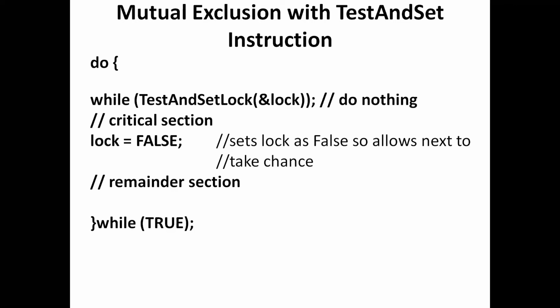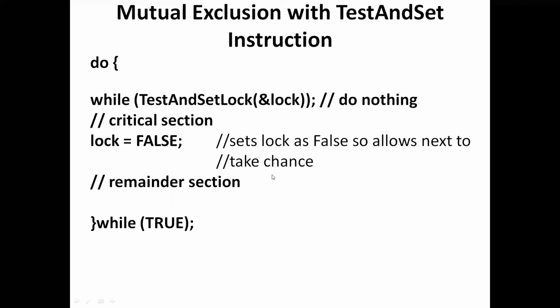Here this algorithm satisfies mutual exclusion. That means when one process is executing in the critical section, other processes should wait. At a time only one process can enter the critical section, so this algorithm satisfies mutual exclusion.